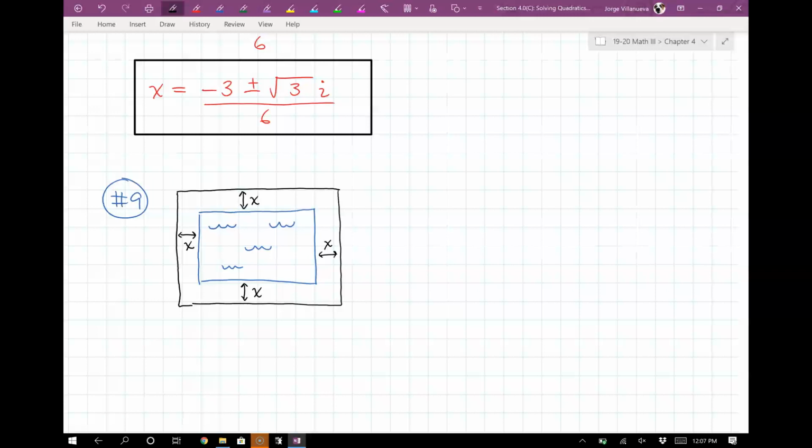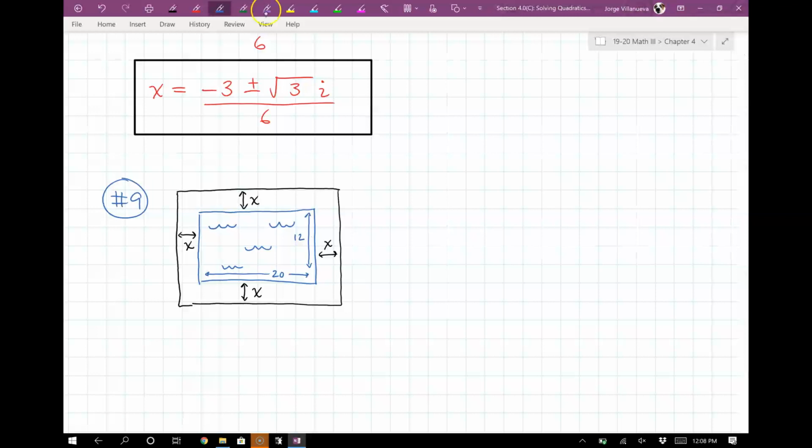They say the pool is a rectangular pool, and it measures 12 feet by 20 feet. So we'll put 20 feet this way and 12 feet this way. So 20 by 12. Now they say the area of the walkway will be 68 square feet.